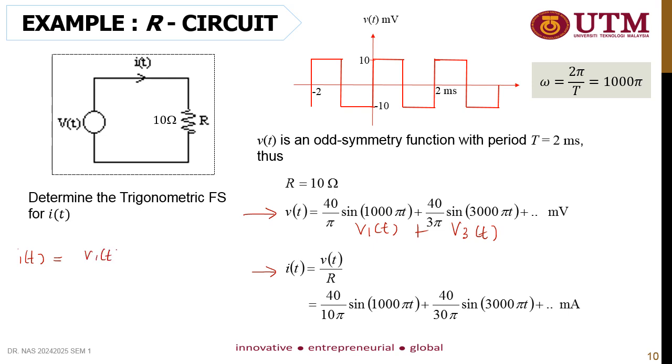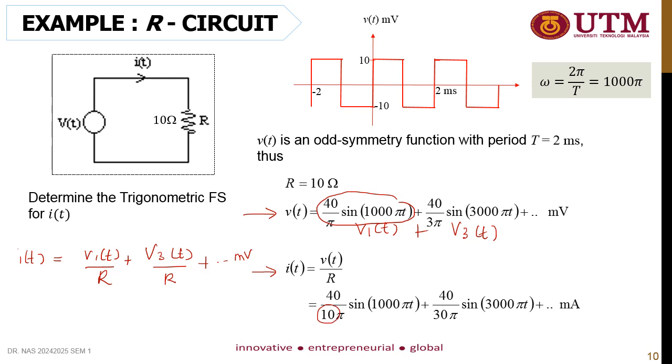So i is basically equal to v1(t) divided by R plus v3(t) divided by R. If the question asks for more harmonics, then you need to consider more harmonics. In this case, it is millivolt. So what is v1(t)? v1(t) is this one divided by R. So 40 divided by, R equal to 10.